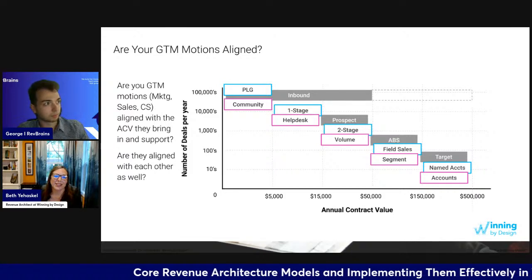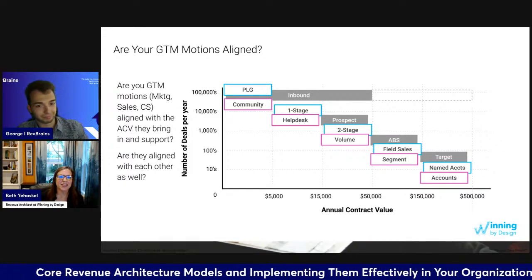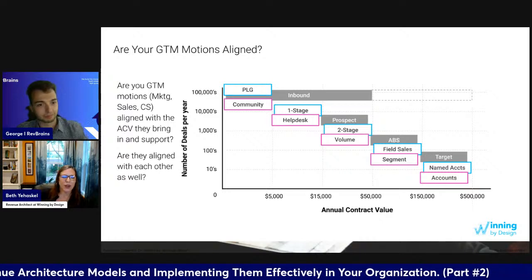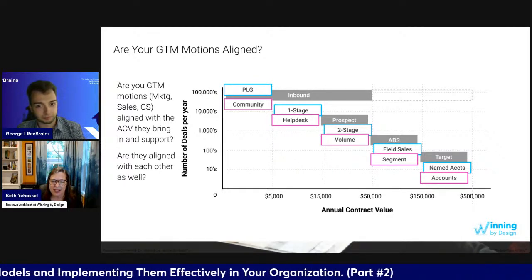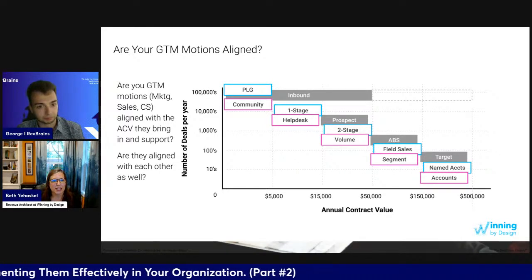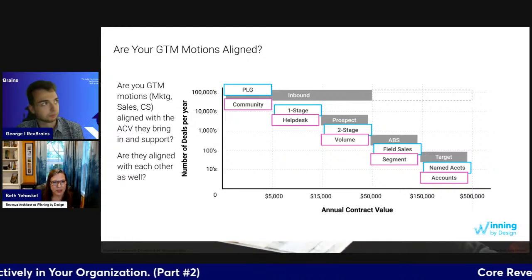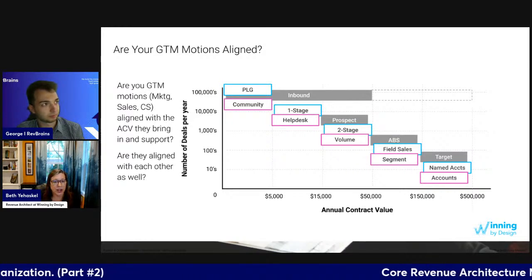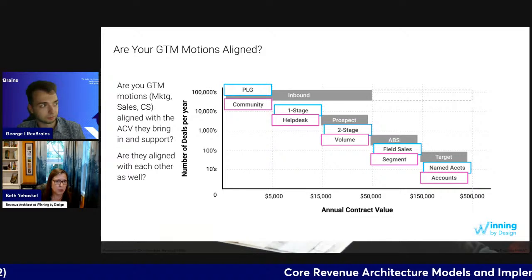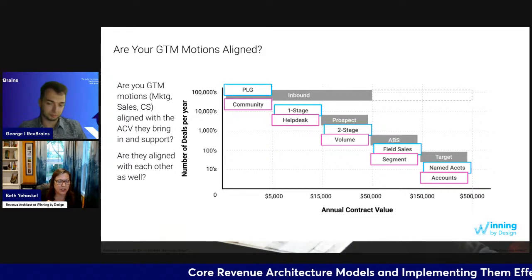And this is probably one of the simplest models to explain, and it is one of the hardest for companies to implement. Because you can see in here, the blue boxes represent sales motions, the gray ones represent marketing motions, and the pink ones represent post-sale motions.